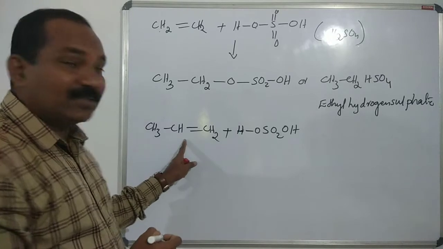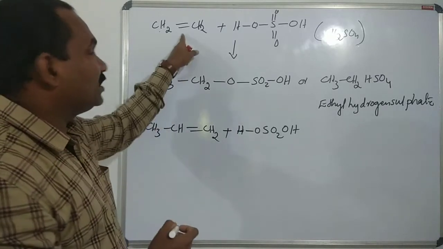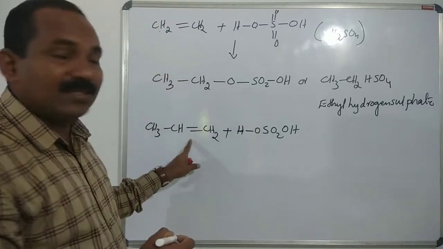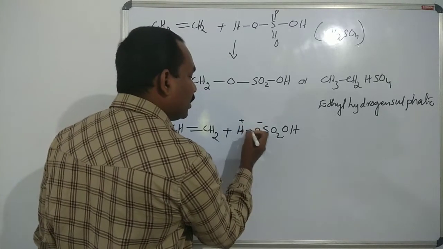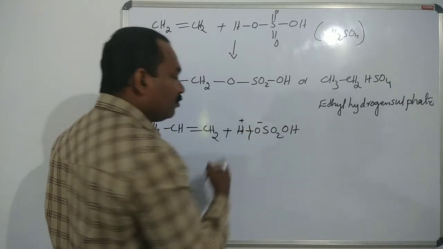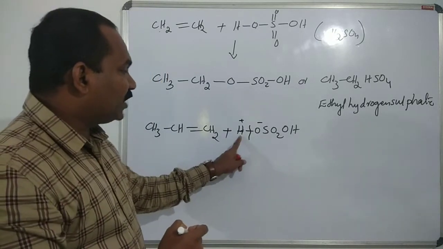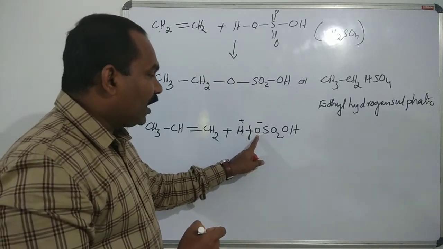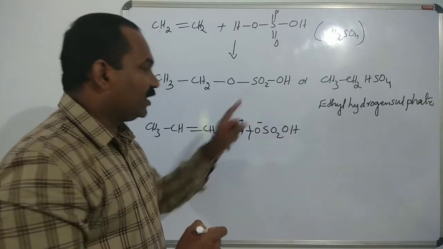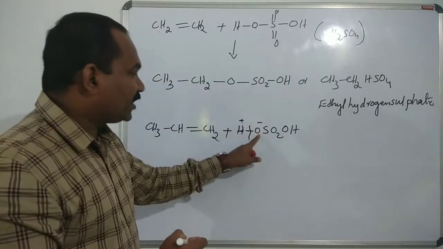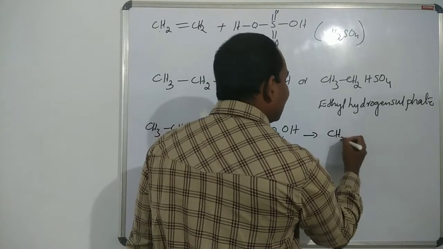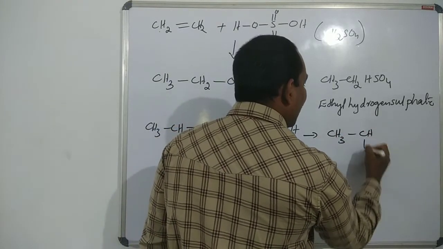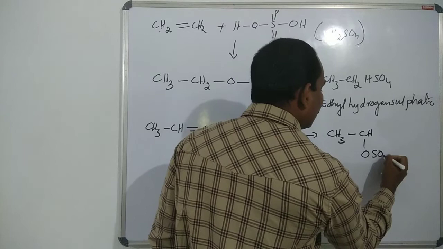Here the alkene is symmetrical; here the alkene is unsymmetrical. So this is the negative part. After breaking the bond, H plus and SO4H minus are formed. So the negative part gets attached to the carbon that possesses the lesser number of hydrogen atoms.